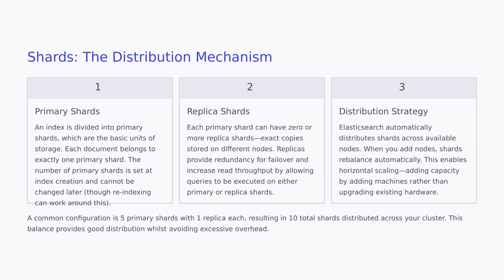Automatic distribution of shards across nodes allows for seamless scalability, enabling horizontal growth by simply adding more machines. A typical setup includes 5 primary shards with 1 replica each, striking a balance between distribution and efficiency. In a nutshell, Elasticsearch's shard system ensures robust data management and optimal performance across your cluster.